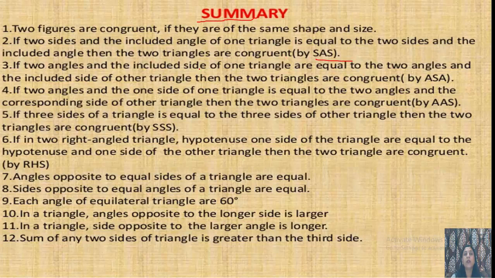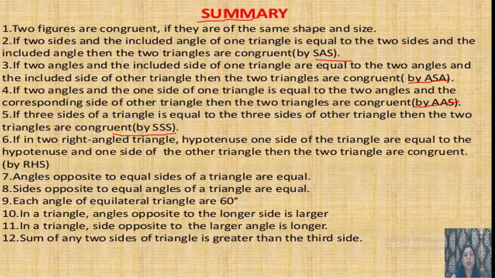If two angles in the included side of one triangle are equal to the two angles in the included side of the other triangle, then the two triangles are congruent by ASA. If two angles in one side of one triangle is equal to the two angles and the corresponding side of the other triangle, then the two triangles are congruent by AAS.